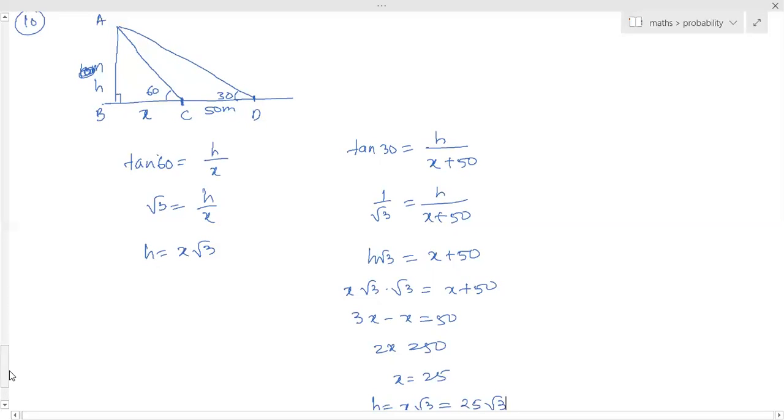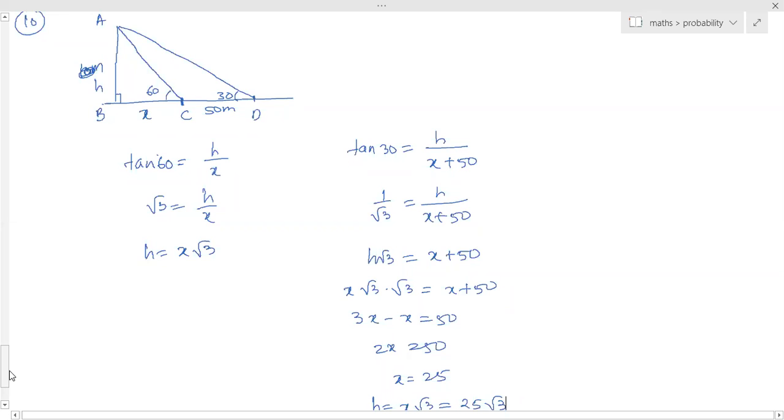Ma'am, is this one the answer 54.3? 54.17, yeah, right. Ma'am, for the 10th one, the answer is 43.3, right? Answer is 43.3.